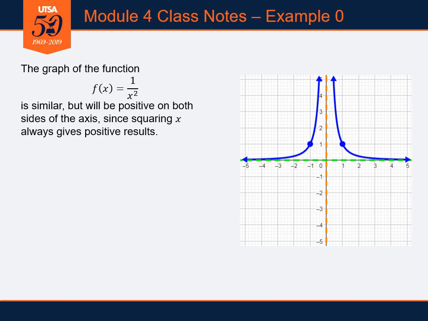Both of the curves are on the positive y side, and that's because we're squaring the x value. Anytime we square x, we get a positive answer. So we have two branches, both on the positive side of the axis for 1/x squared. That'll come into play occasionally when we are graphing rational functions throughout this module.